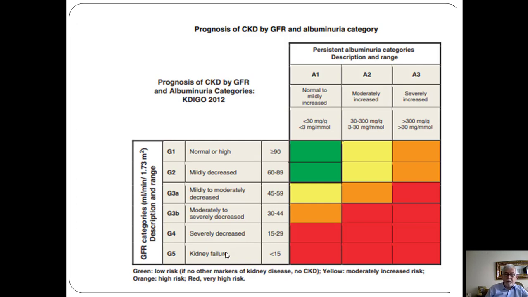In this table you can see the green color indicates low risk, yellow is a moderately increased risk for renal problems, and orange color indicates high risk, and also the red color is so important for kidney functions and kidney problems.